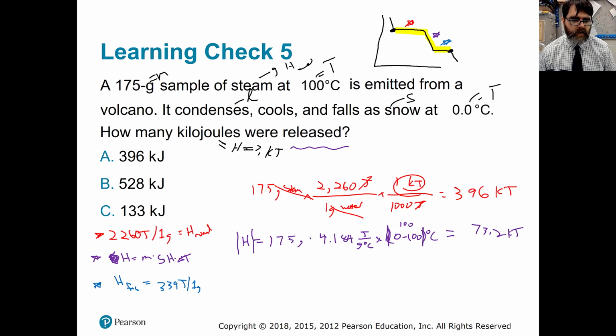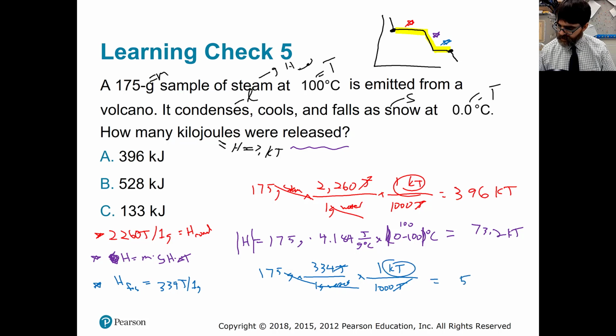And lastly, we'll do a calculation that's similar to the first one, except we have just a different conversion factor there. That 1 gram of water releases 334 joules of energy. And once again, the 1,000 joules to 1 kilojoule conversion. Joules cancel, grams cancel, and we're left with kilojoules once again.